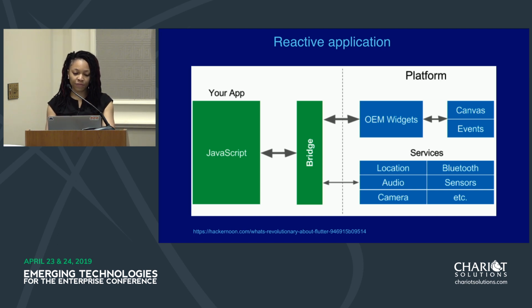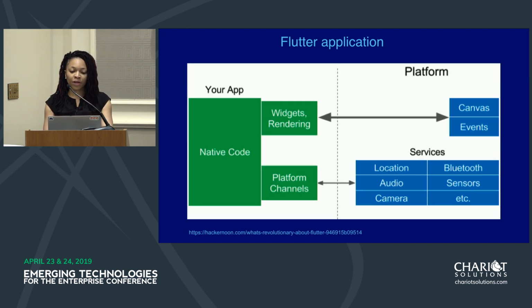So let's see Flutter. With Flutter, there's no JavaScript bridge. But what happens with Flutter is that the widgets are moved into your app, and the rendering engine is also moved into your app. And the platform channels are also moved into your app. So when you're communicating with the platform, you don't even use the platform widgets. So yes, there will be platform widgets, but you don't use them.